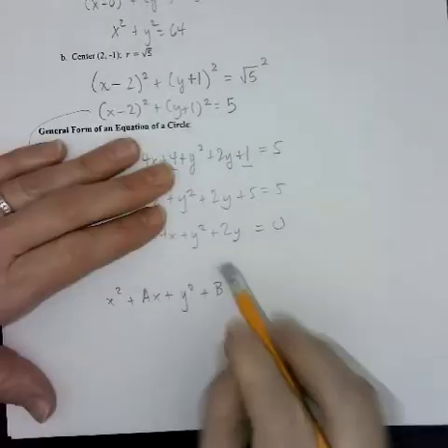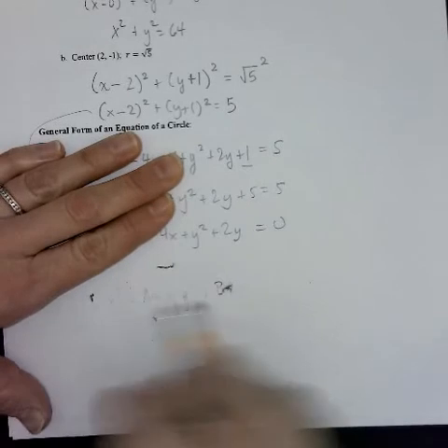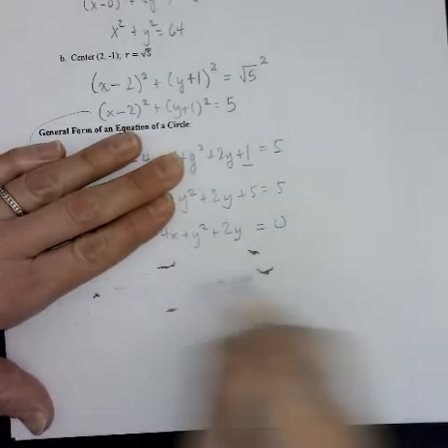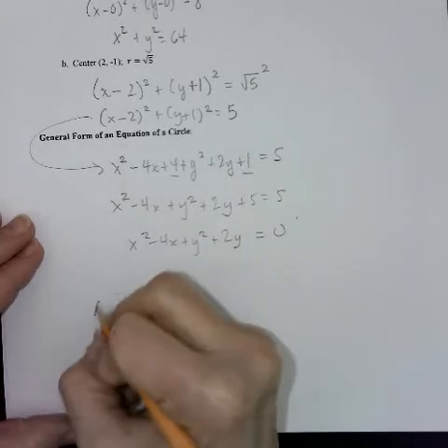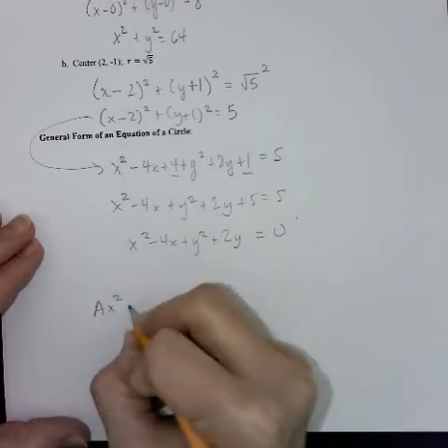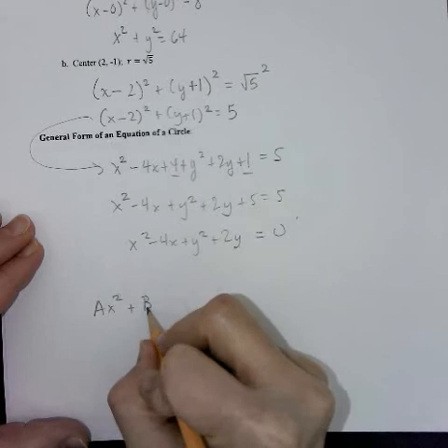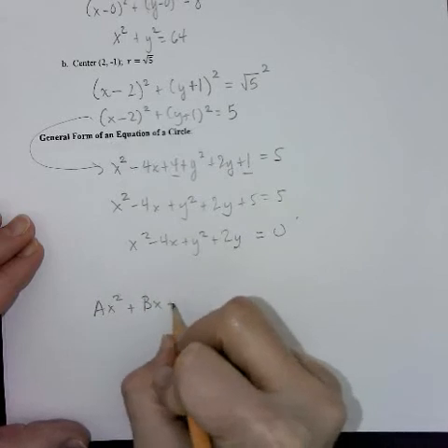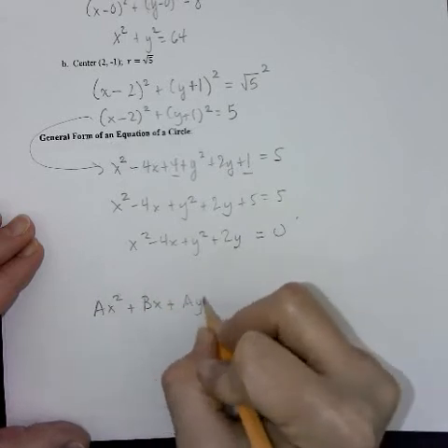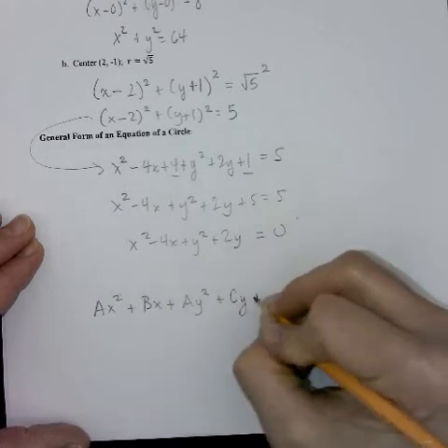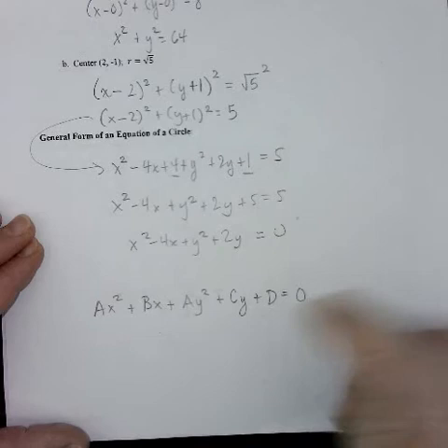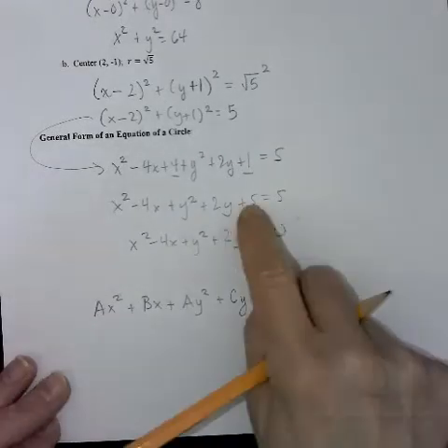No, I'm going to go back to a and then make another comment. Ax squared plus bx plus ay squared plus cy plus d equals 0. The constant doesn't always go away, of course. These just happen to cancel.